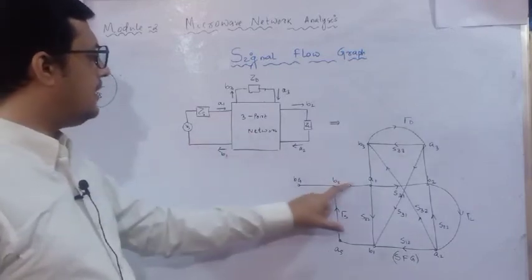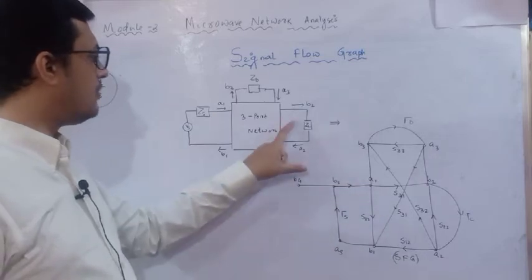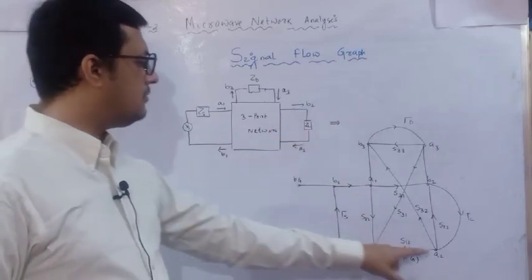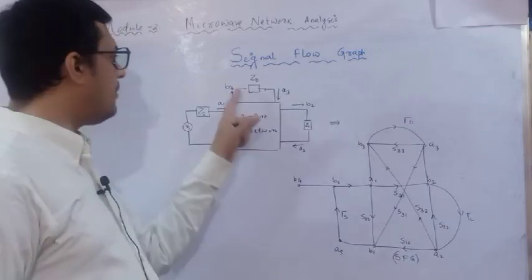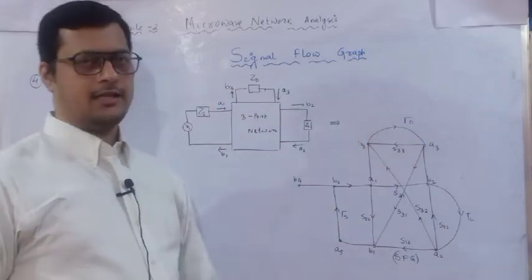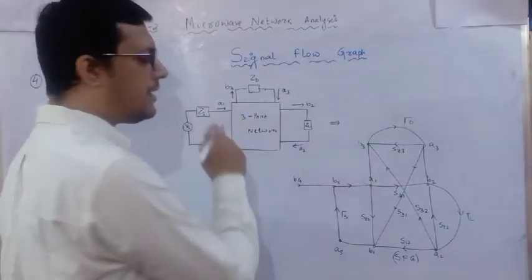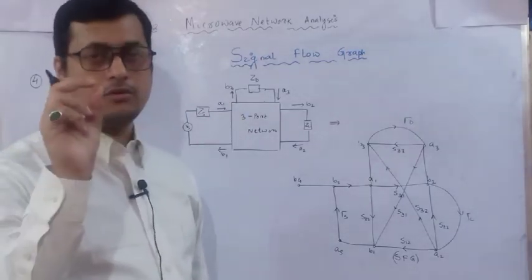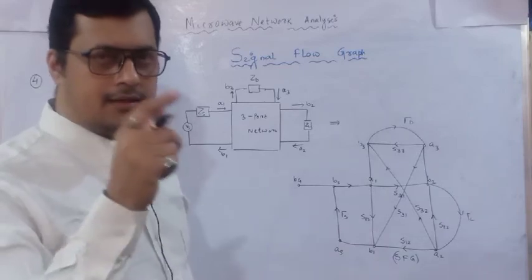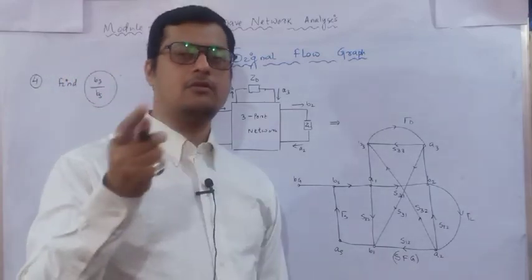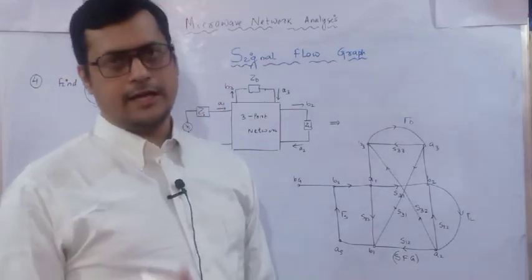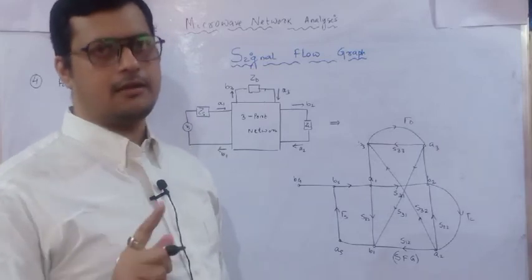For port 1, A1 B1; for port 2, A2 B2; and for port 3, B3 and A3. In the first class I discussed that whenever these waves are identified, these are nothing but nodes, and the link from one node to another node is called a branch, and each branch is represented with a scattering parameter.